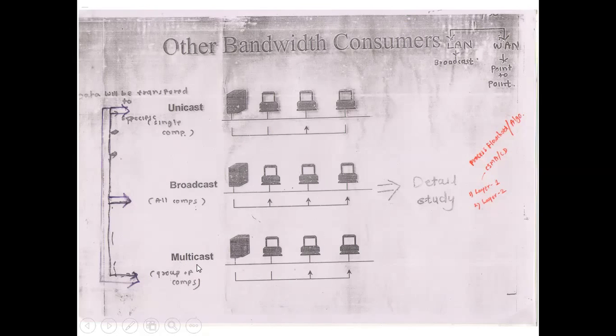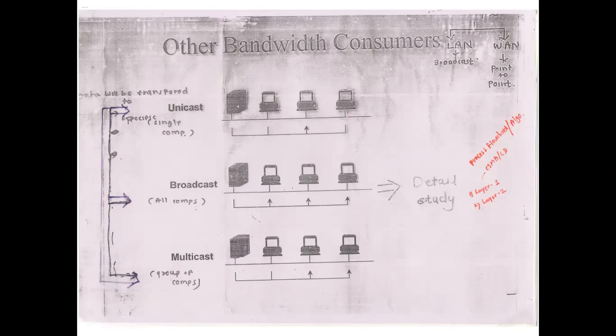And finally, multicast. If this PC wants to communicate with a group of PCs, then such communication is known as multicast communication. For example, stock exchange related codes: those who have registered and subscribed, a group of different users, and if they want to send some information to those groups, then this multicast type of networking is used.